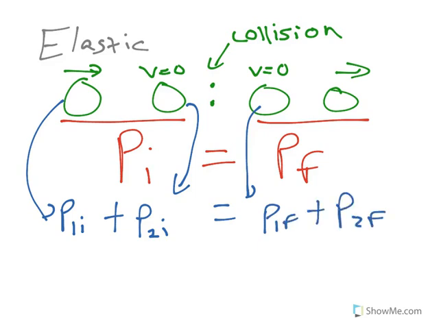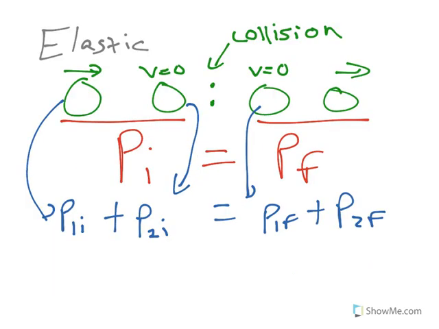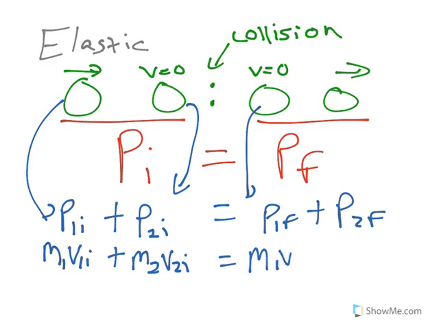And if you remember, the formula for momentum was this. Momentum equals mv. So the momentum for object 1 initially will be the mass of object 1 times the velocity of object 1 initially, plus the momentum of object 2, m2 v2i, equals the momentum of object 1 finally, plus the momentum of object 2 finally, m2v2f.